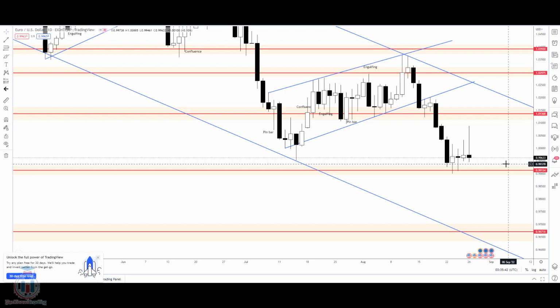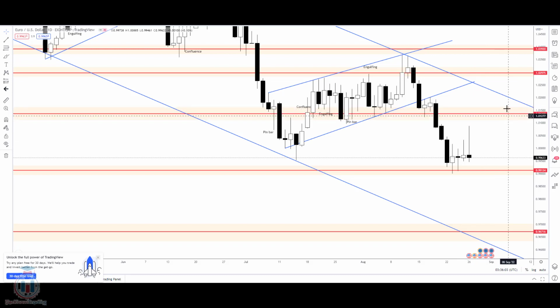So for the next week, the target is to wait, because currently we are here at demand zone. If the price goes down and then makes a bullish price action signal, this will be a signal that the price will continue here to this level, which was mentioned right now. If the price immediately goes to here, we need to pay attention.